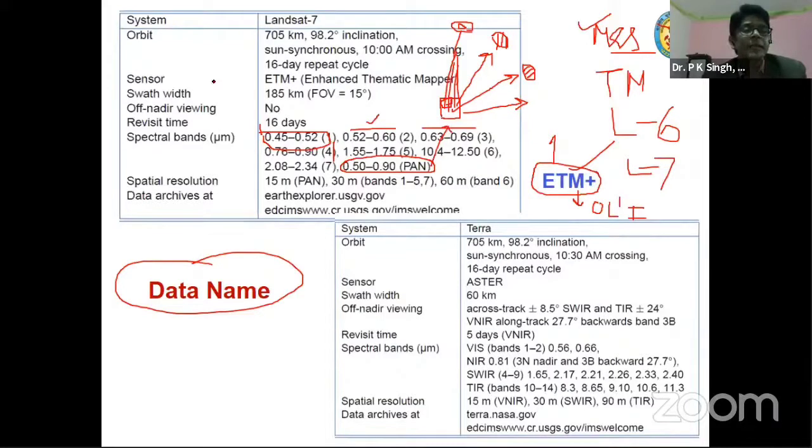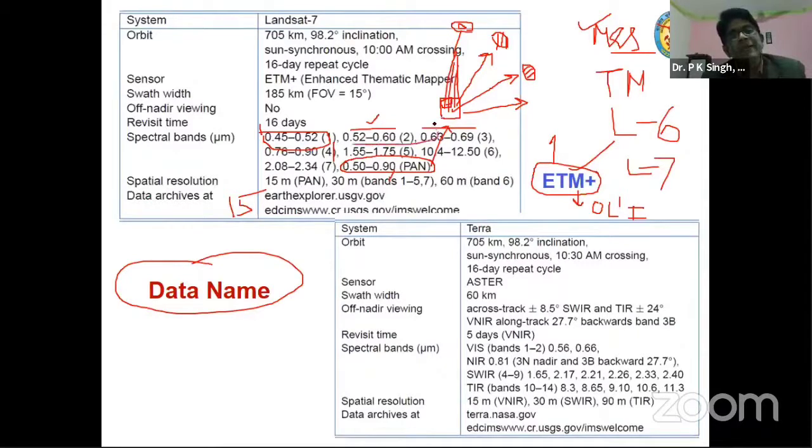For example, for ETM plus, the spatial resolution of the other bands of the visible range and near infrared is 30 meter. But for the panchromatic band, it is 15 meter. Then how can it be used?